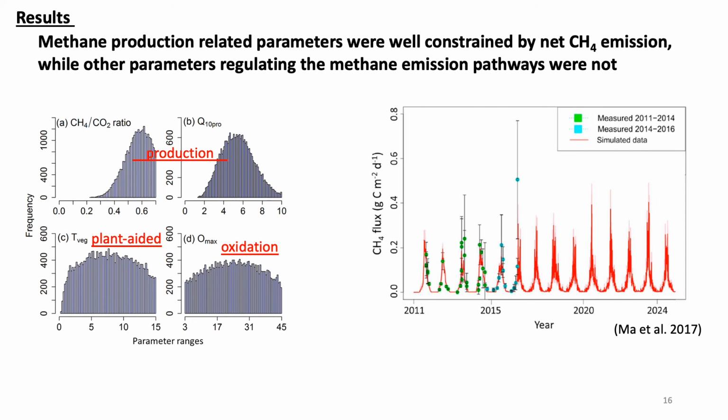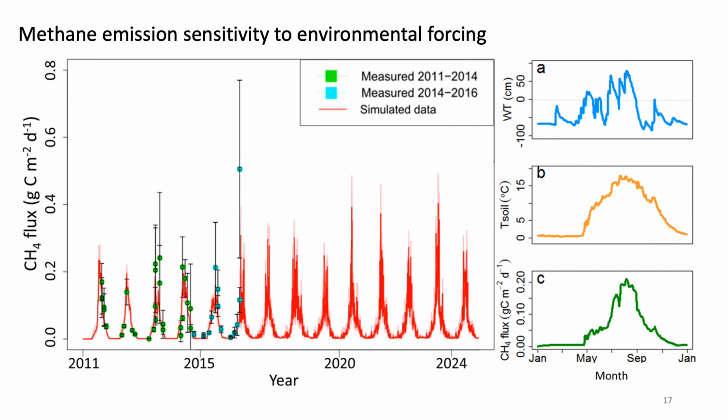It is apparent that the data-constrained methane simulations match both the magnitude and seasonal variations of observation reasonably well for both the 2011 to 2014 calibration period and the 2015 to 2016 validation period. The model tracks the interannual variability of the measurements, notably including the spike in emission in 2016.